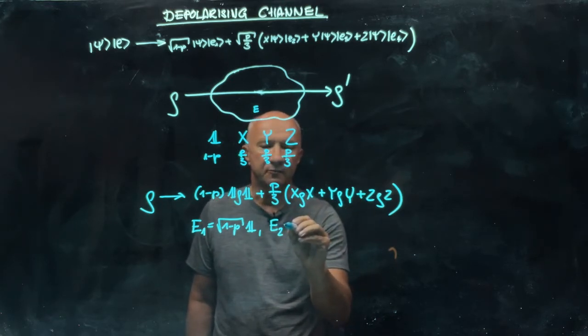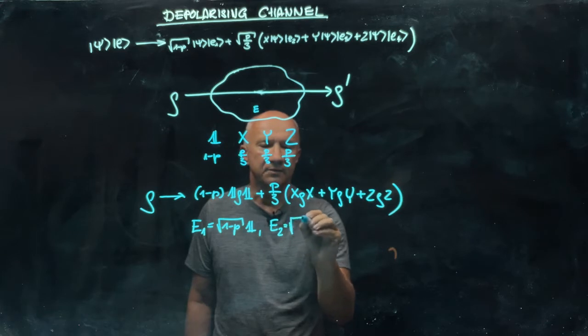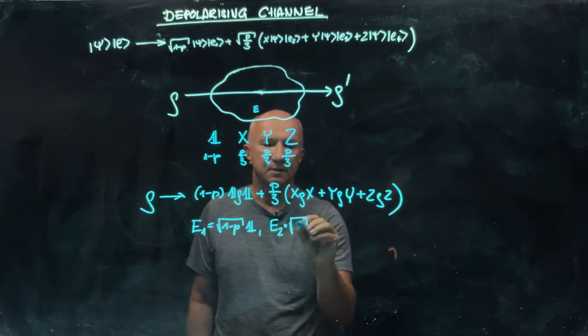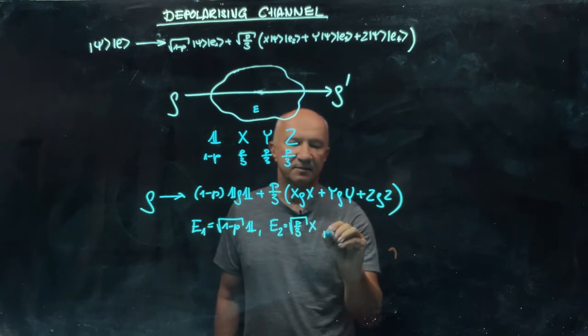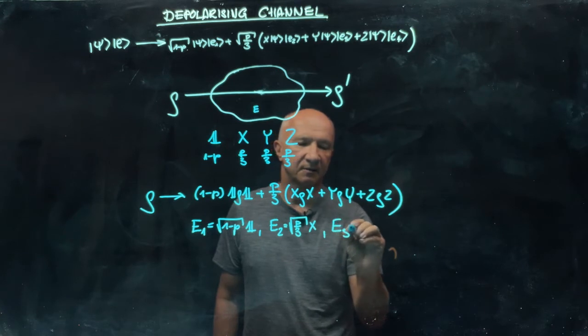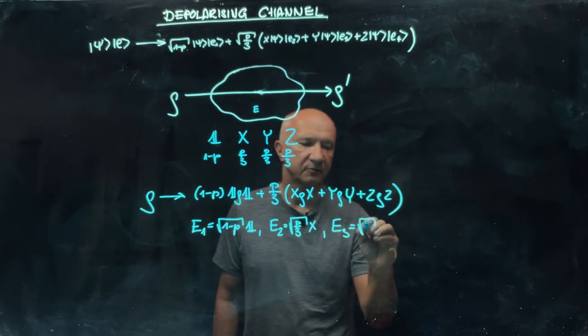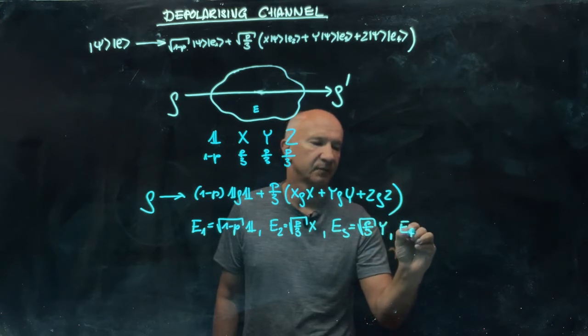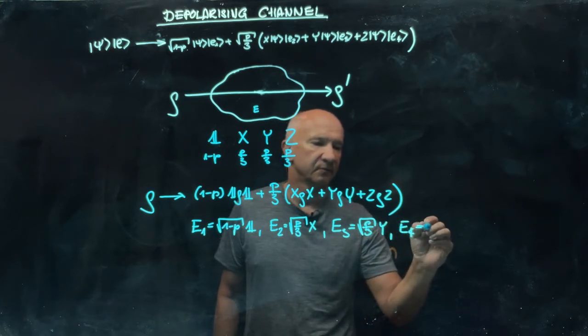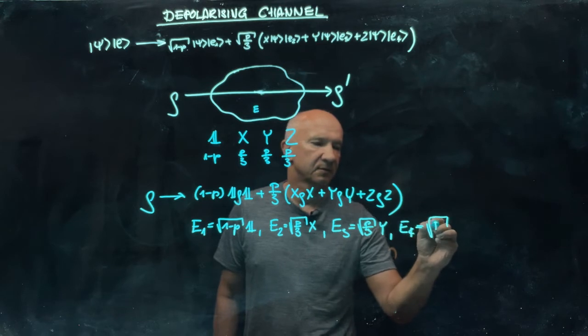So E2 will be equal to square root of p over 3 x, E3 will be equal to square root of p over 3 y, and E4 is equal to square root of p over 3 z.